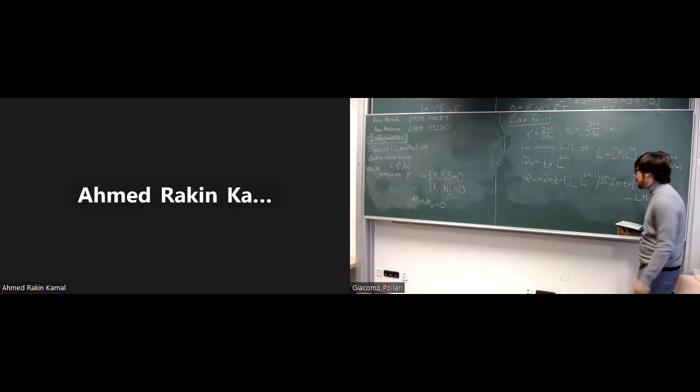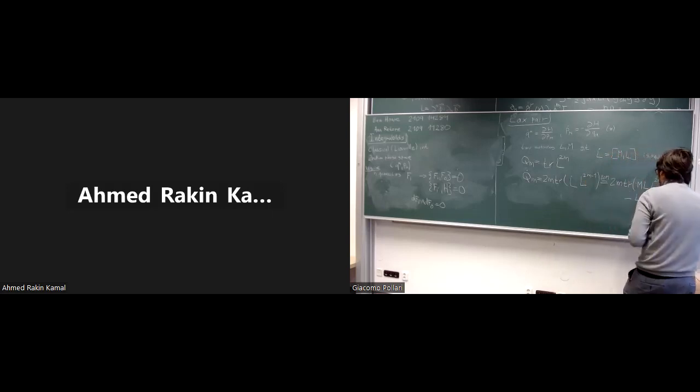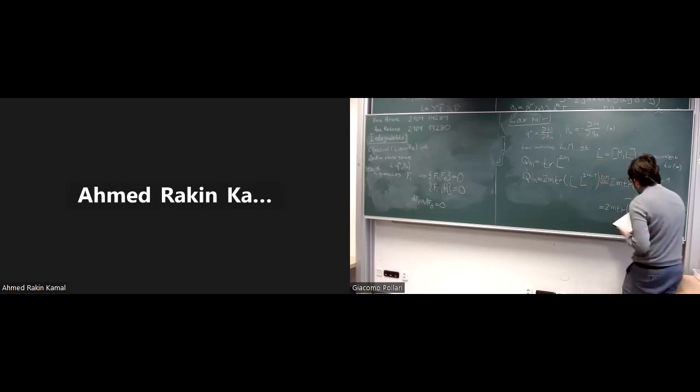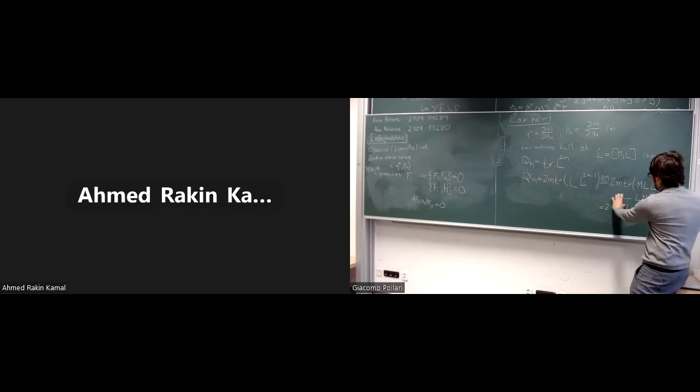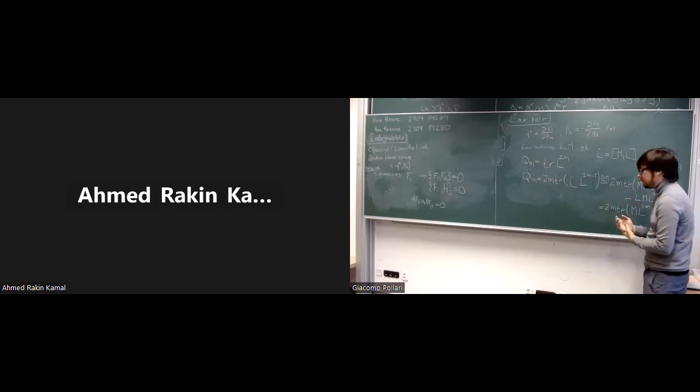Using the property of the trace, you can see that this is 0, because the first term, you can just multiply the L's together to write n times L to the 2n minus 1. In the second term, the trace has the cyclic property, so you can do a cyclic permutation of the matrices inside and it will not change.